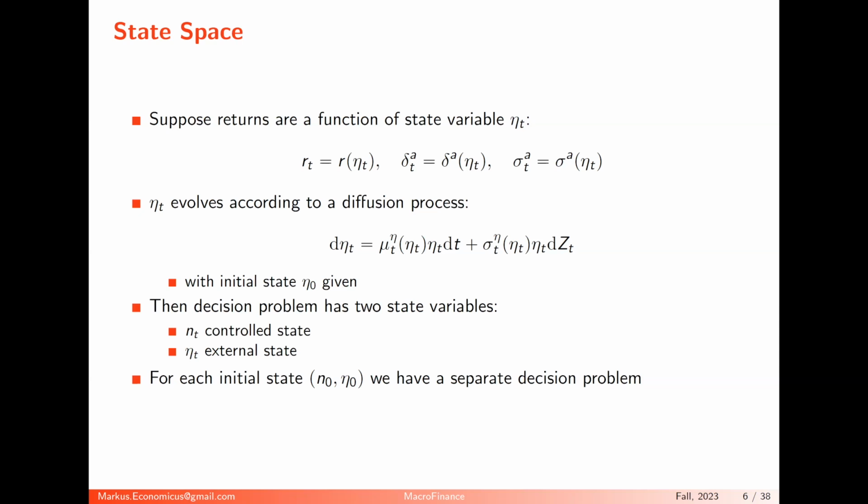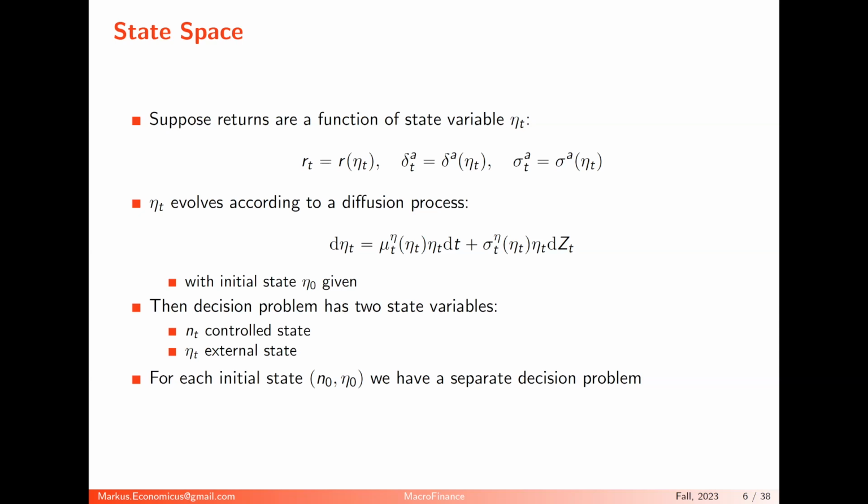Eta is evolving exogenously, with a certain drift, and the drift itself is also a function of eta. So the drift of eta depends on where in the state space you are.